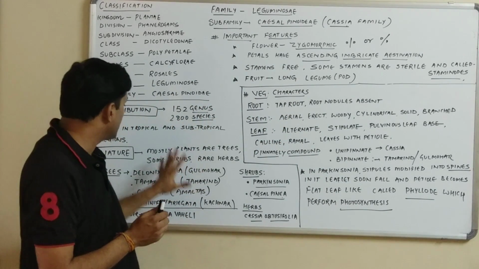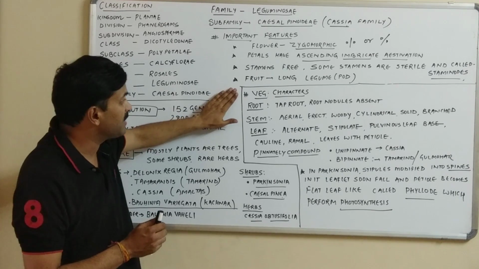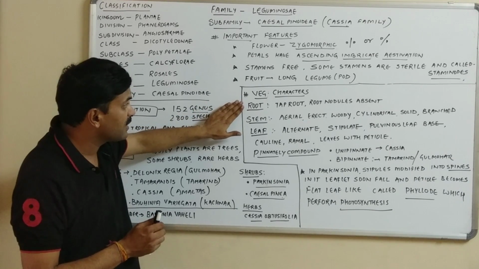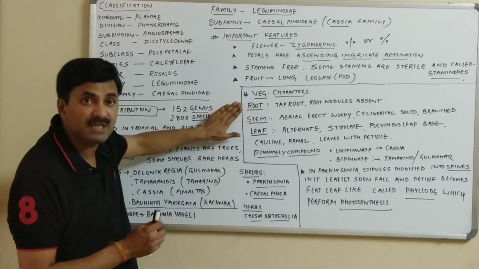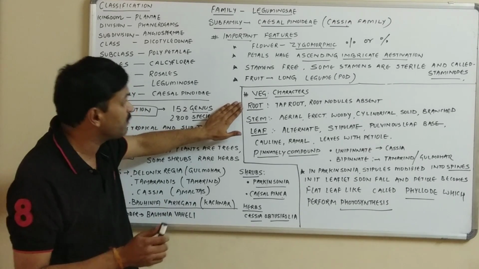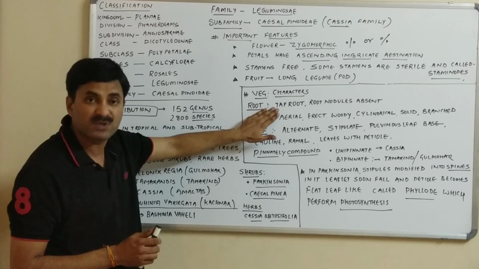Now after discussing the nature, we must know the vegetative characters of the family. The first vegetative character is the root. As we know very well, this family is a dicot family, and in all dicot families the root system is a taproot system.